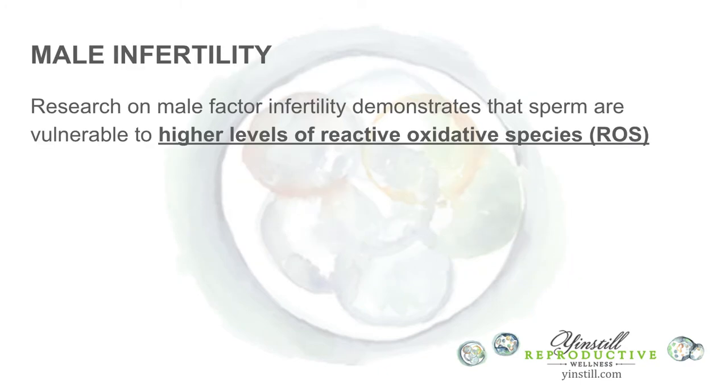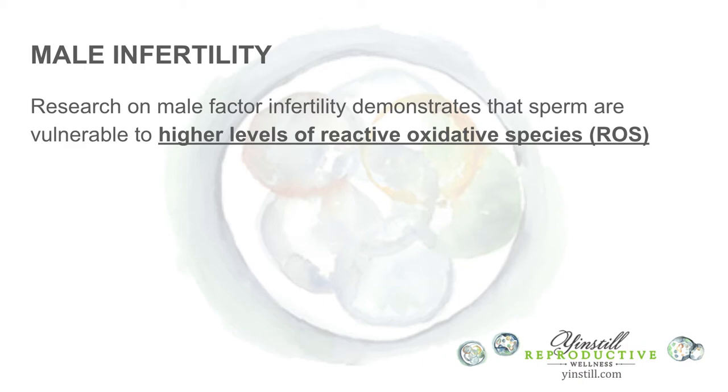So more specifically with male fertility, low levels of reactive oxygen species, so low levels of oxidative stress, could be similar to hormetic stress like exercise or other necessary stresses that make us stronger.